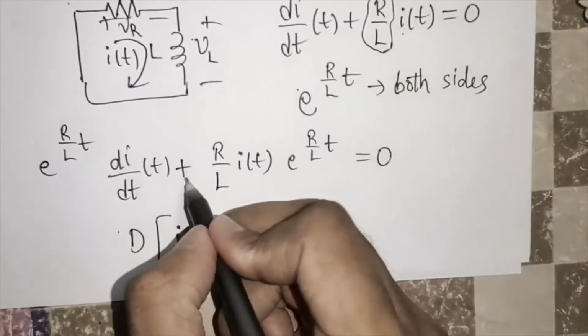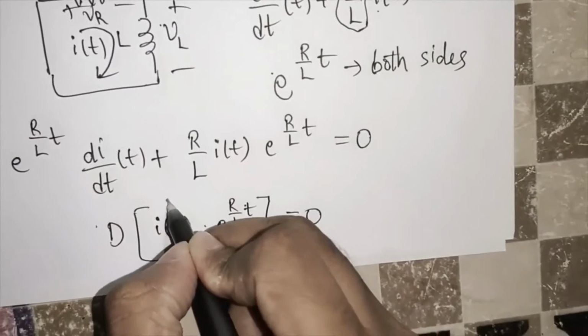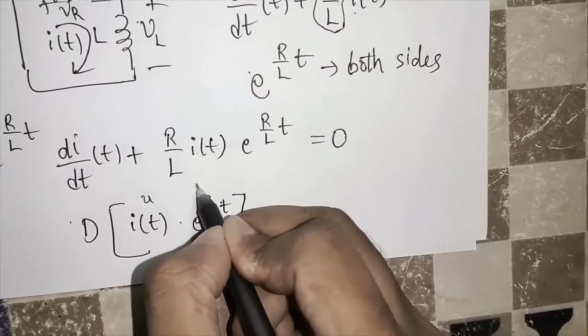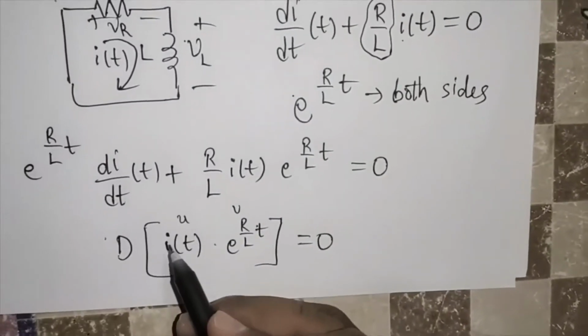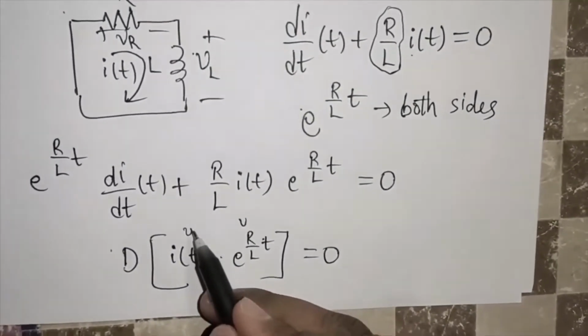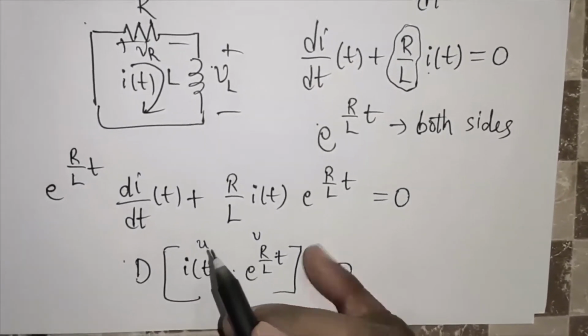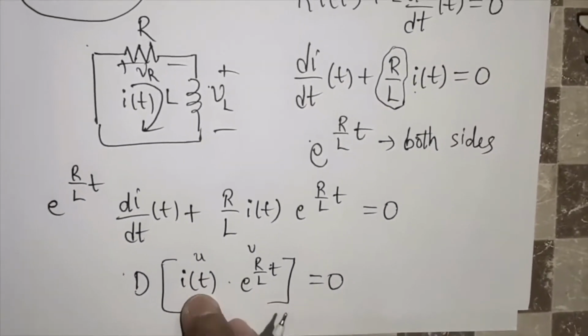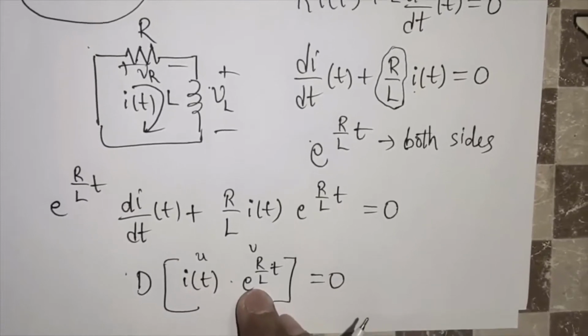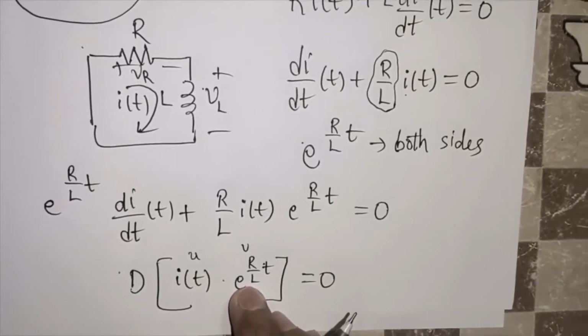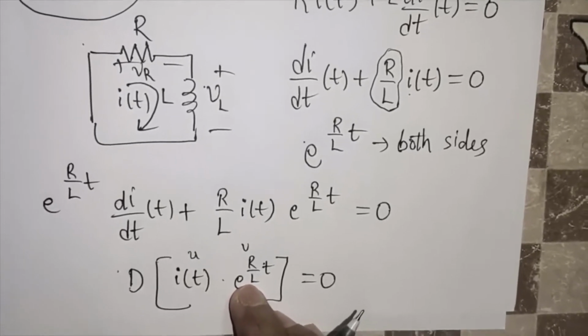Because if I consider I of t as u and e power R by L into t as v, we know the formula for the derivative of uv. It is u into v dash plus v into u dash. U into v dash: I of t into the derivative of this, which is R by L into e power R by L into t.